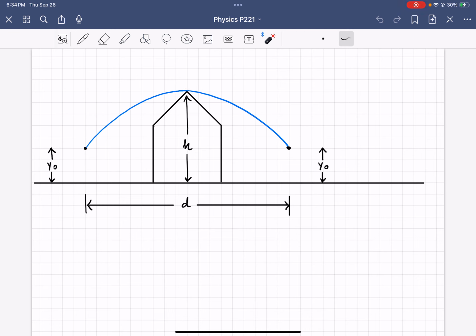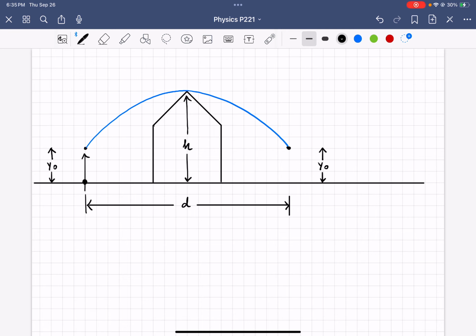So I'm going to set the origin for my coordinate system to be right at the spot on the ground directly below where the ball is thrown on the left side of the diagram. So I can write an equation for the vertical motion of the object between the point where it is thrown and the point where it reaches the maximum height here.